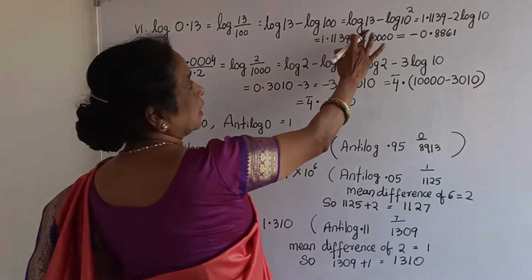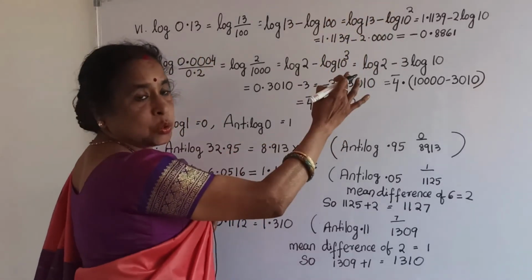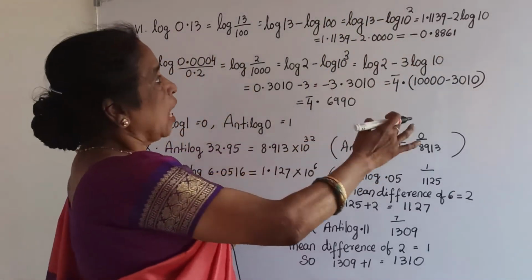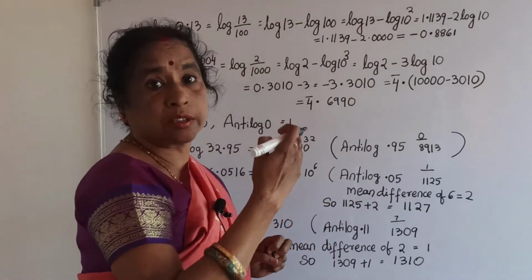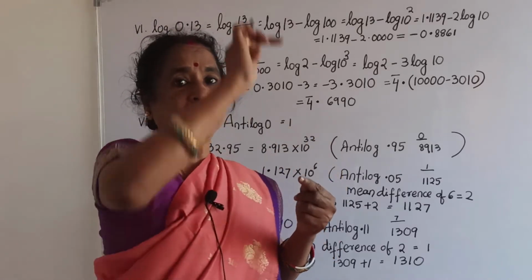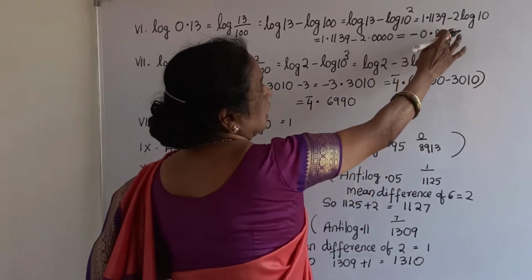That means log 13 minus, here write log 10 to the power 2. That means you can write 2 log 10, and you have seen the calculation of log 13, how to do it. 13 means you will see log 13 and 0 where the point will meet. That answer is 1139.